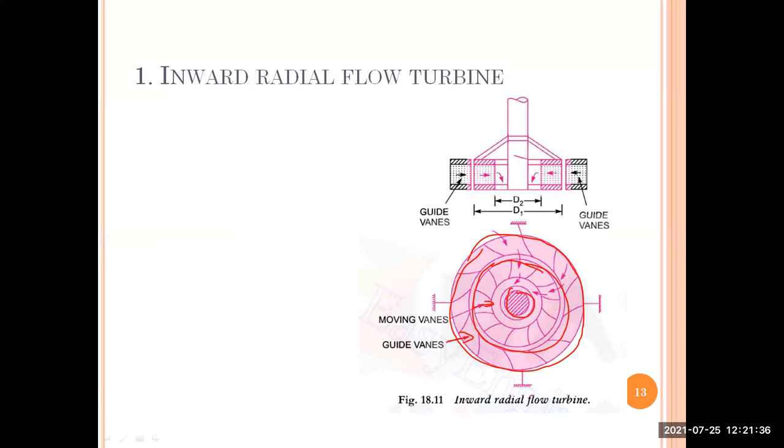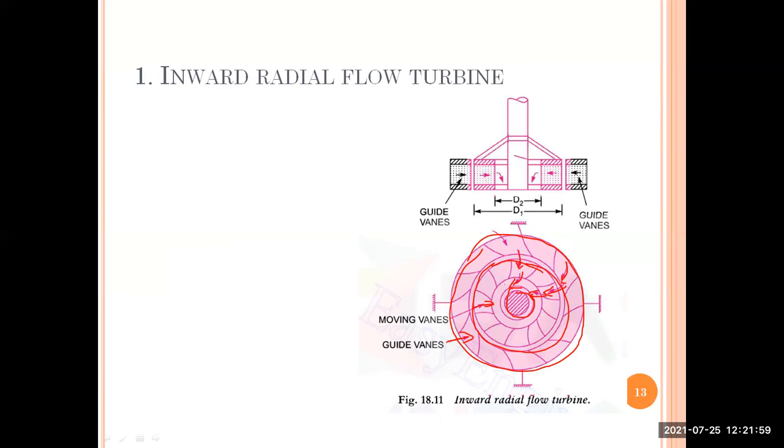You can see the direction of the arrow, the direction of the flow. The water enters from outside to inside radially, so that particular turbine is called an inward radial flow turbine.